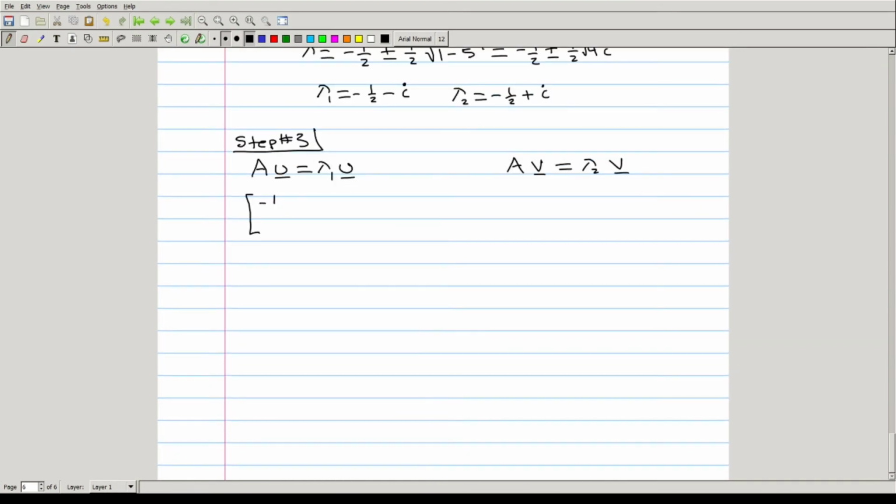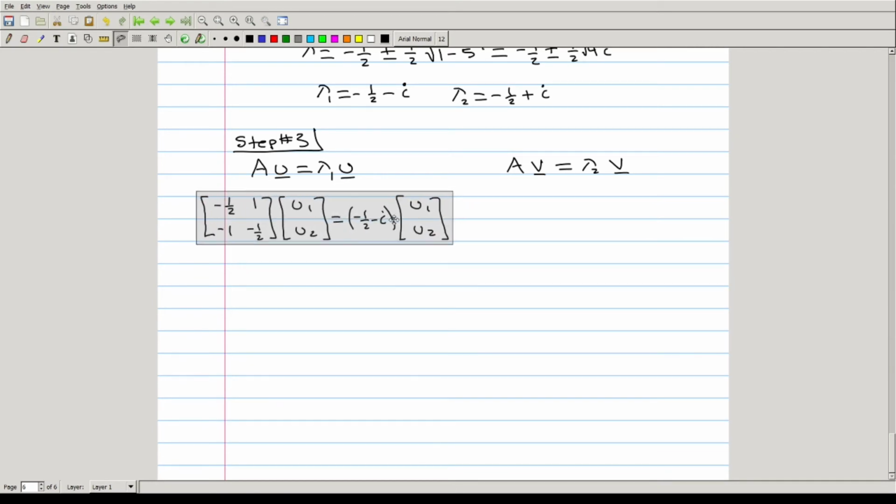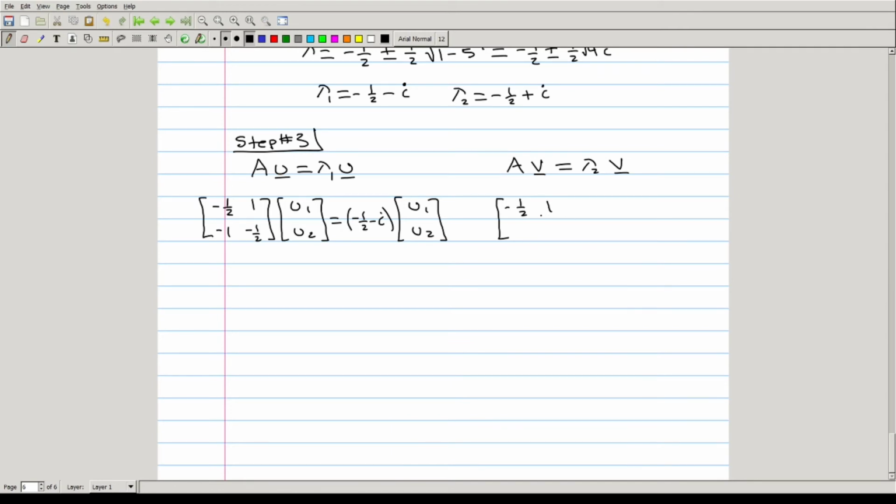This is going to give us the equation: the matrix negative 1/2, 1, negative 1, negative 1/2 times u is equal to negative 1/2 minus I times u1, u2, and A, which is negative 1/2, 1, negative 1, negative 1/2, times V is equal to lambda 2, which is negative 1/2 plus I, times V.